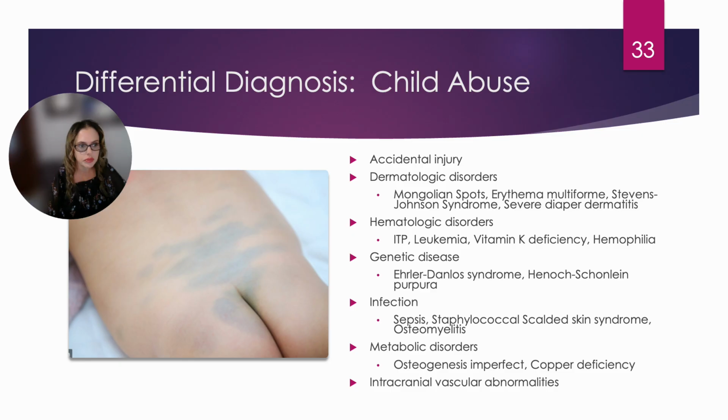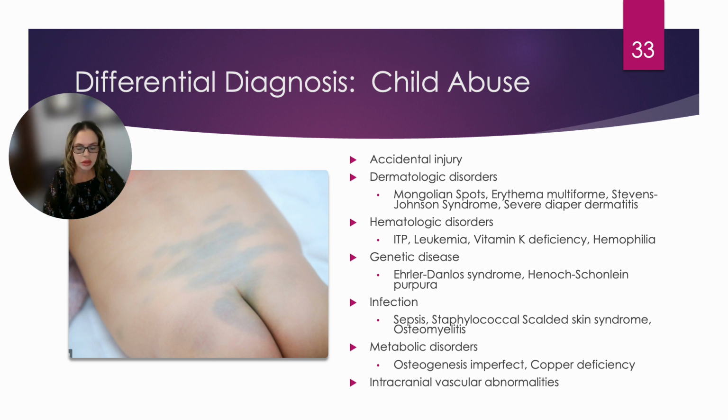Differential diagnosis for child abuse. There are times when this is an accidental injury. You may consider that the child in the picture shown has belt ligature marks, but that is possibly a Mongolian spot. You may see erythema multiforme, a Stevens-Johnson syndrome, and think that a child's been scalded.